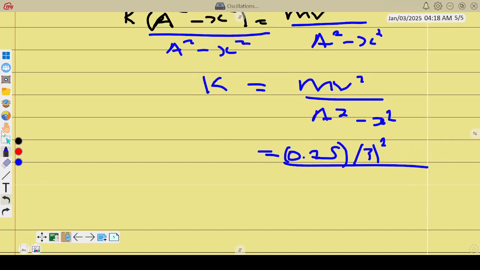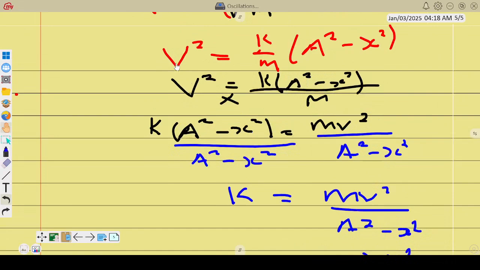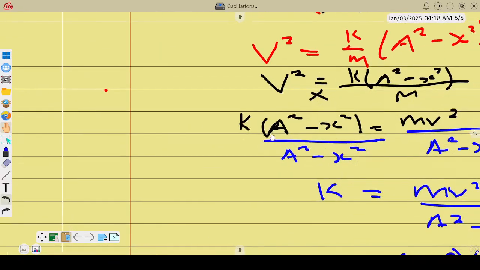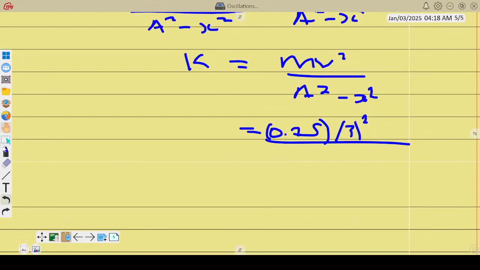The amplitude, the maximum displacement, is 0.125. From here you just simplify. What is 3 squared times 0.25?